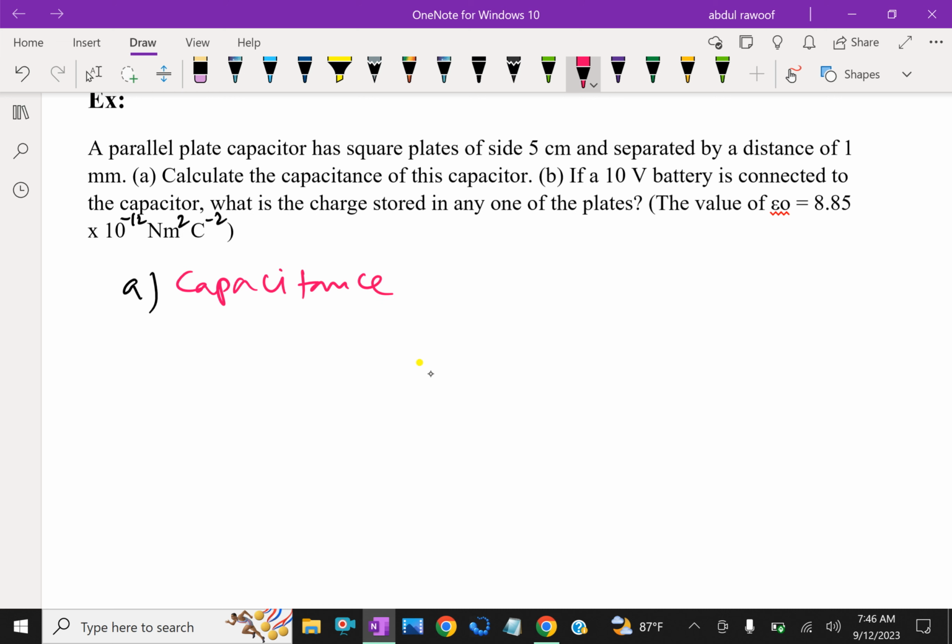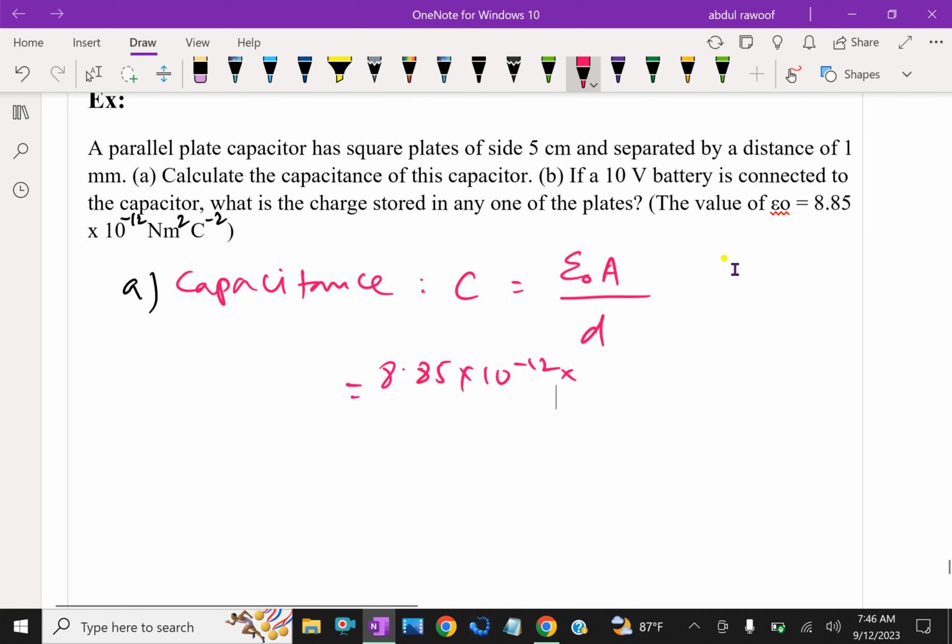Capacitance equal epsilon 0 A over D, which is equal 8.85 into 10 raised to minus 12 into the 5 centimeter plate, that is 5 into 5, 25 into 10 power minus 4 meter square, over the distance, 1 mm, that is 10 power minus 3 meter.